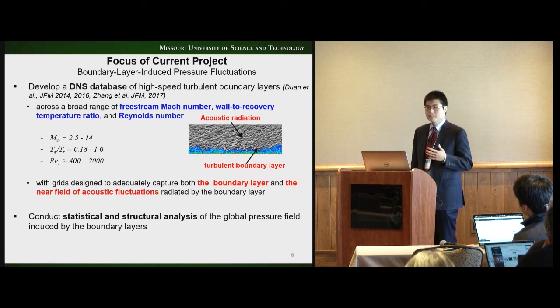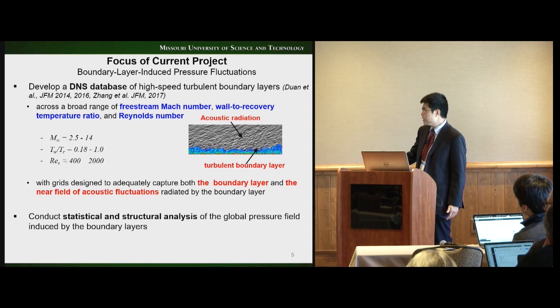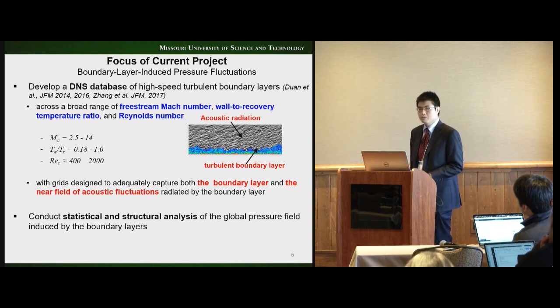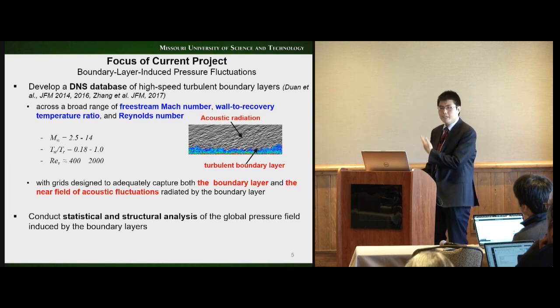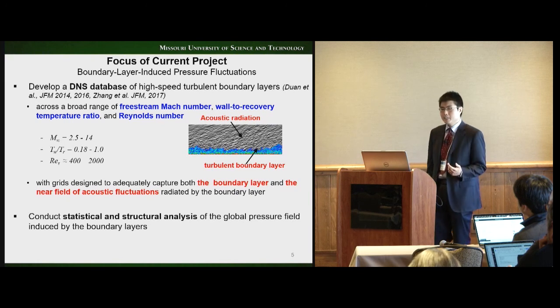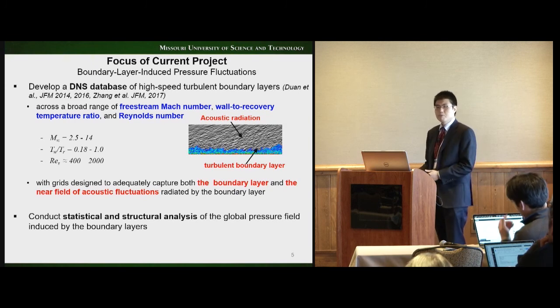We explore the parameter space across a wide range of Mach number, wall temperature, and Reynolds number. All these parameters are relevant to different types of supersonic, hypersonic wind tunnels across the nation, so it does have practical applications. We try to get the statistical and structural characteristics of the pressure field, including both the surface pressure and the free stream pressure.